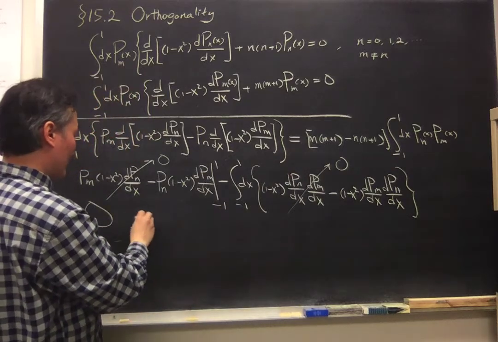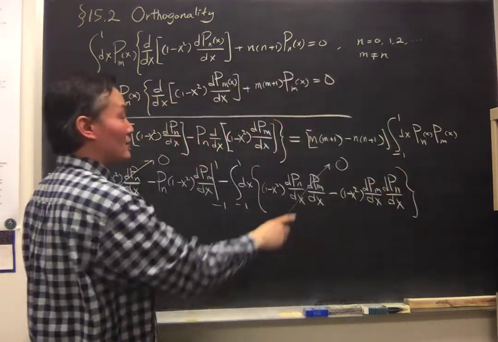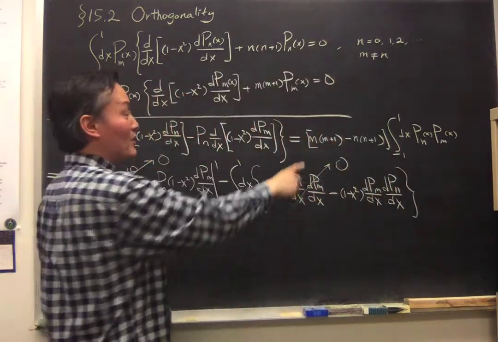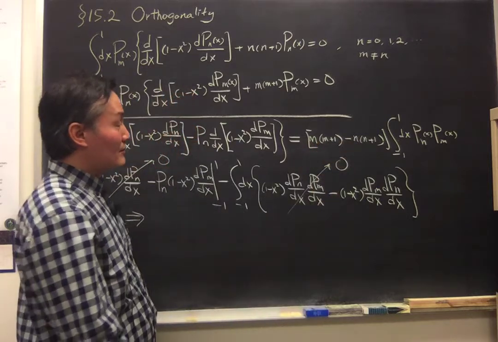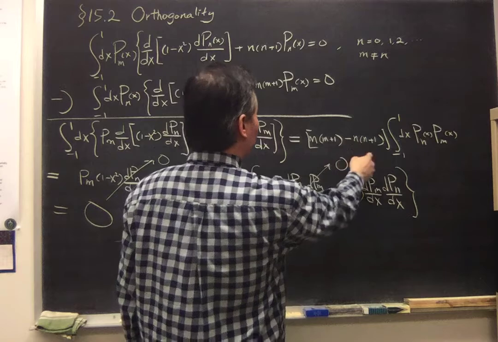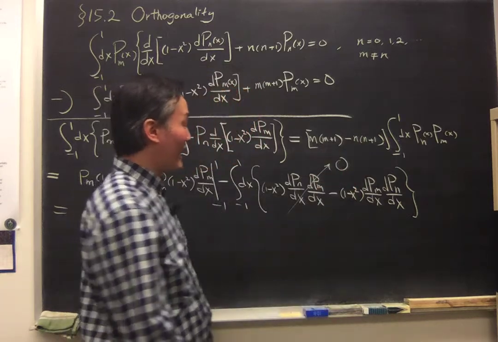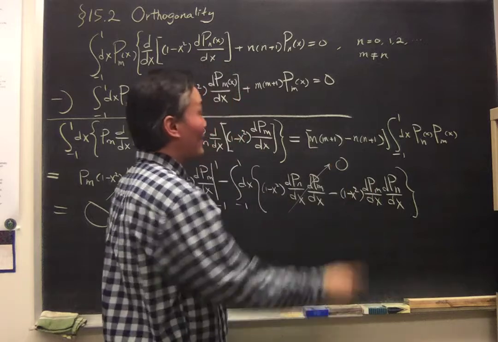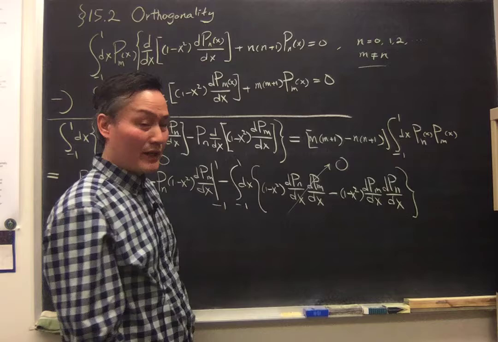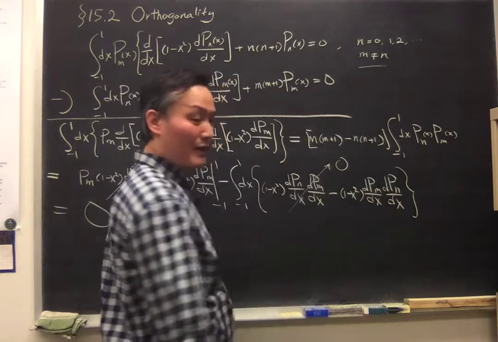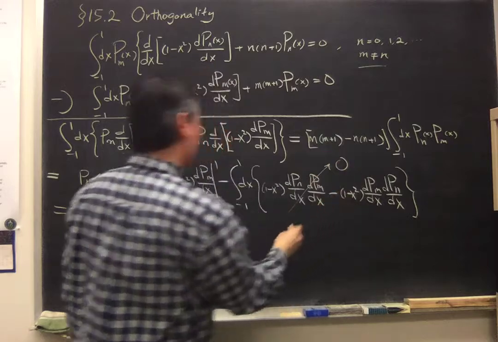So this implies this integral will be 0 if m is not equal to n, because both m and n are non-negative numbers. Except of course there's a situation where both m and n are 0, but we already said that m cannot equal n, so one of them has to be non-zero, and this factor is non-zero.